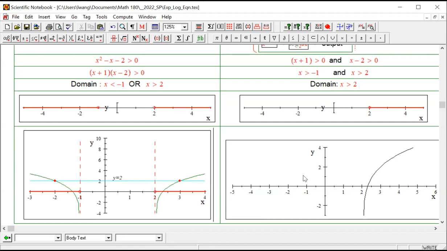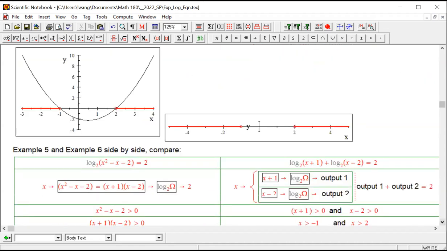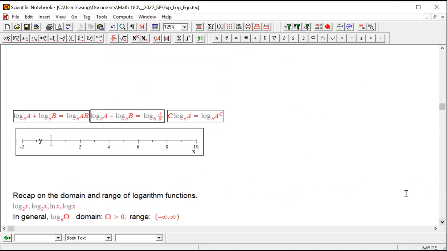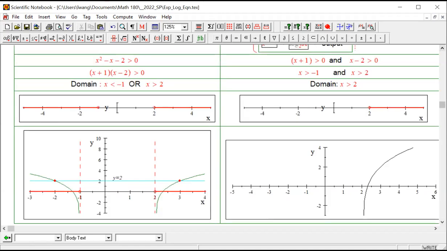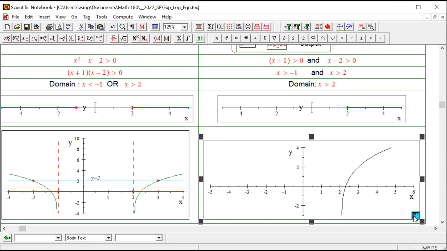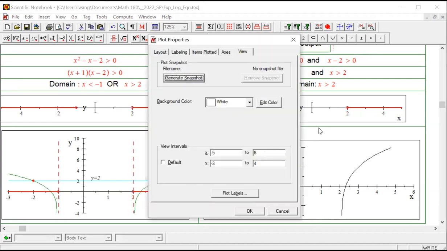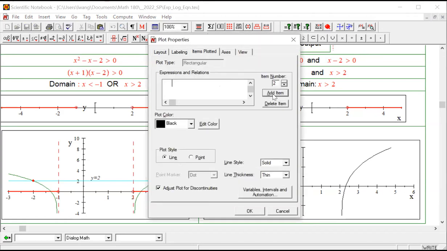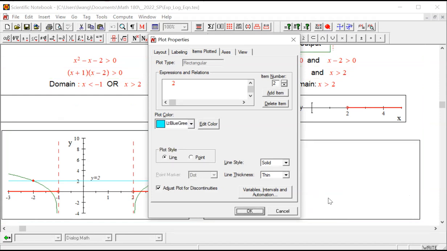Big difference, right? So if we have it equal to 2, I'm going to graph the same horizontal line, which is 2.